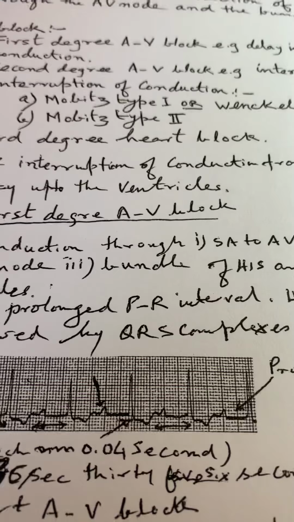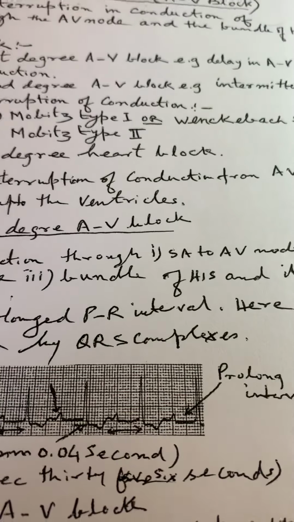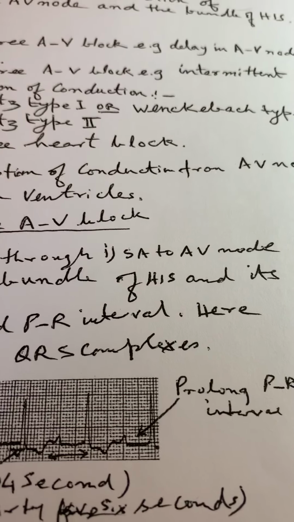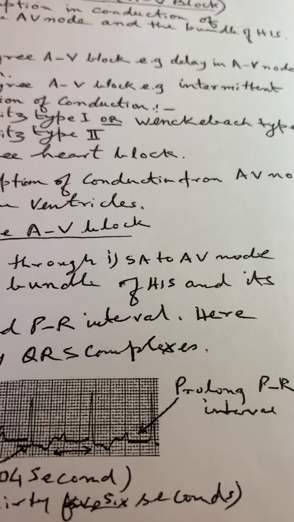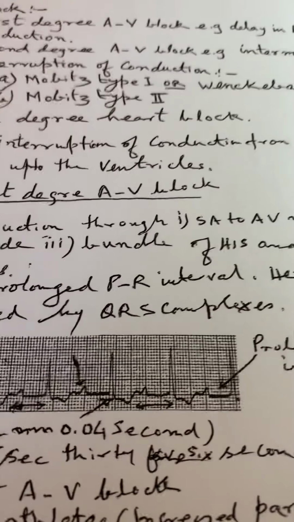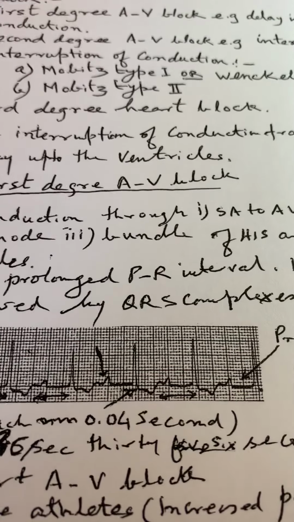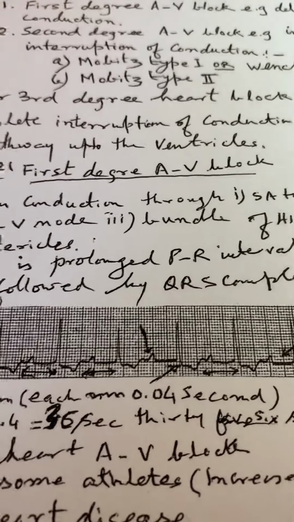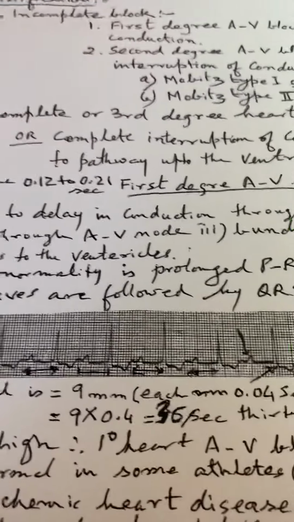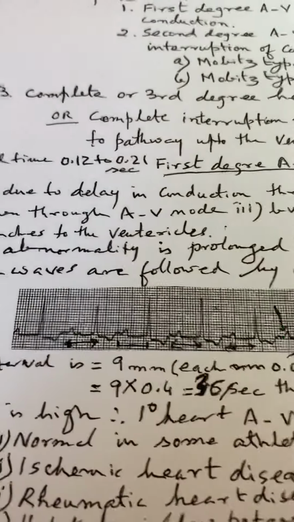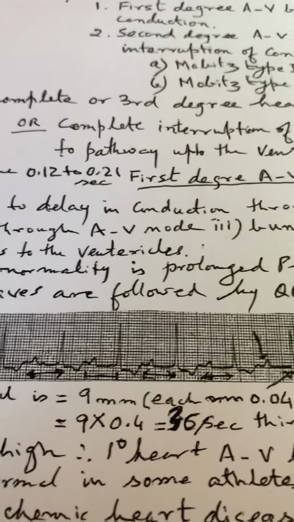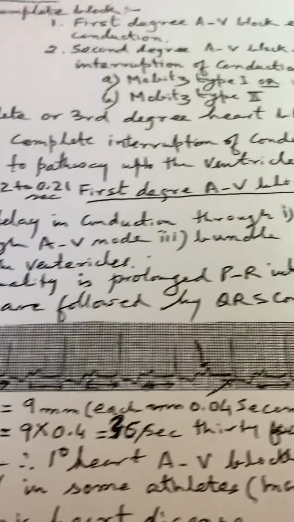First is known as Mobitz type 1 or Wenckebach phenomenon. Then there is another type, Mobitz type 2. So the second degree block has two types.